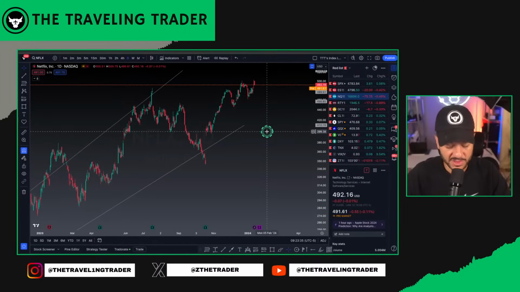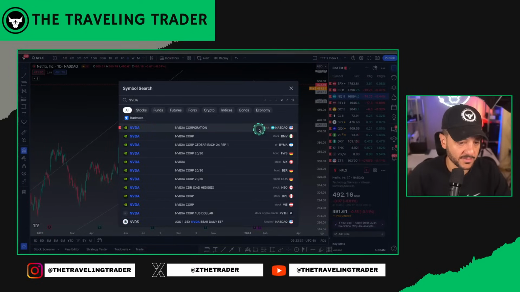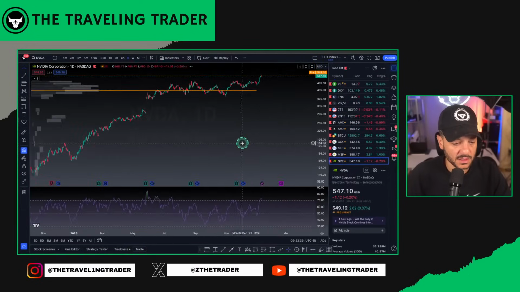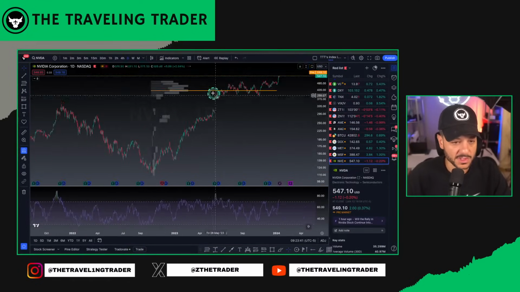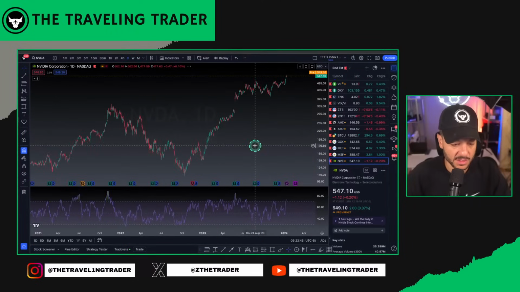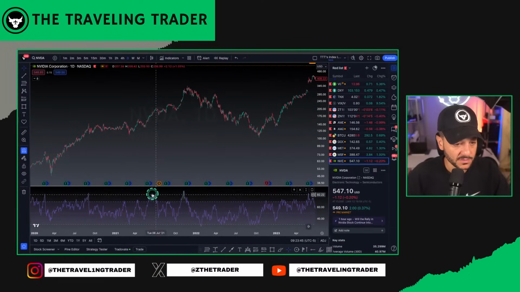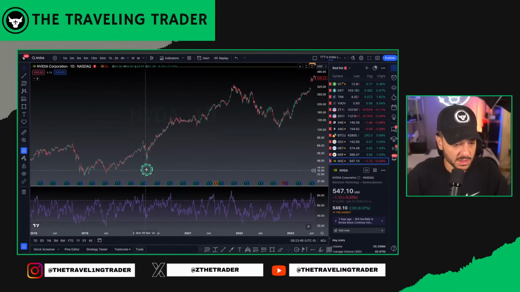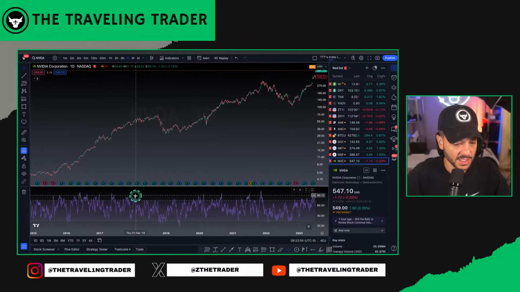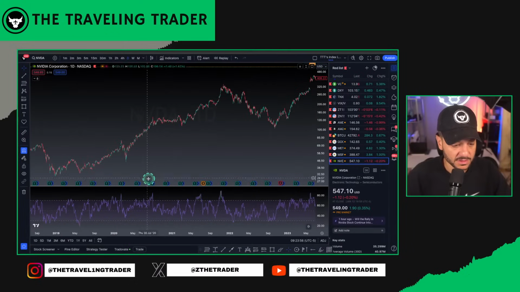And if you don't believe me, look at Nvidia. I've gone over this multiple times, right? Look at the RSI in Nvidia. It was literally overbought at $50.